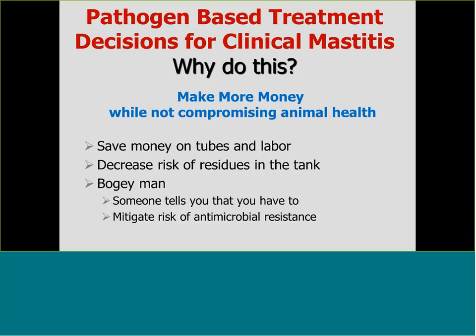And I think sometime in the future, it will come to pass in the United States, it has in many other countries, that we can't indiscriminately use antibiotics. We have to have a good reason for doing so, and knowing what bacteria is causing mastitis is one of those things. And part of that reason is some people believe this might decrease the risk of antimicrobial resistance.